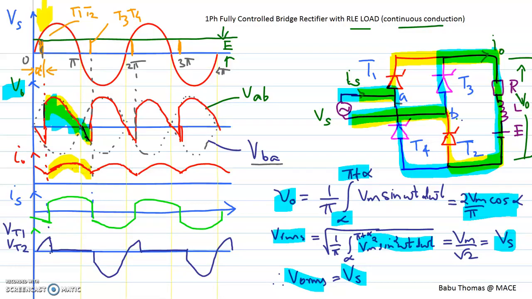So from alpha to pi, the average power is positive, and from pi to pi plus alpha, the average power is negative. But the net power flow will always be from the AC source to the DC load, because your pi minus alpha is greater than your alpha. That means your average voltage is more positive in nature.